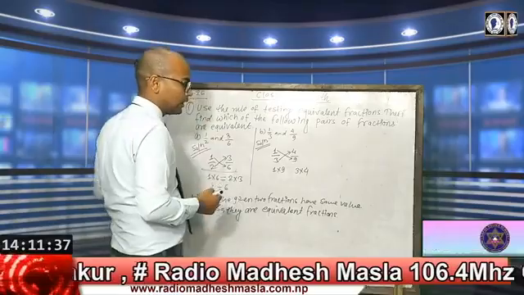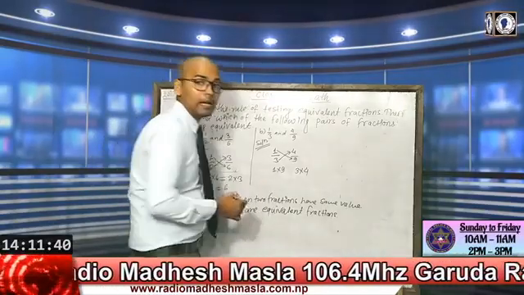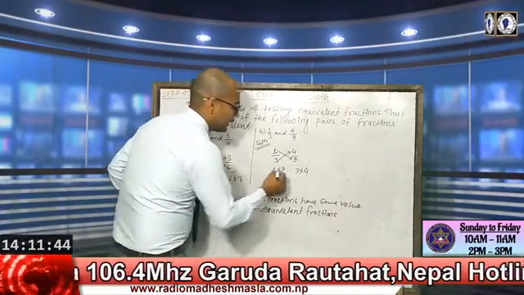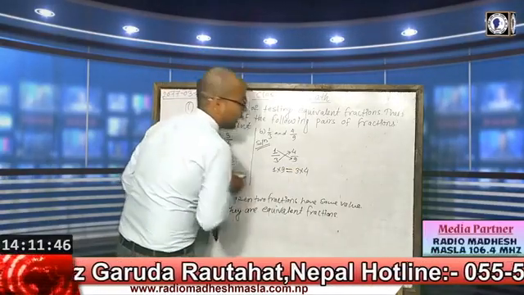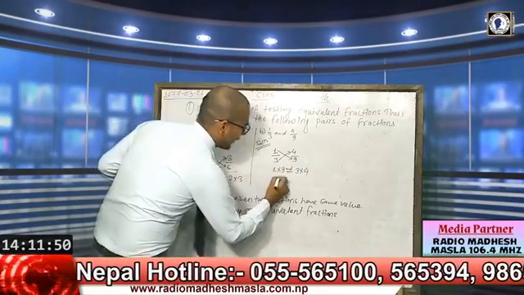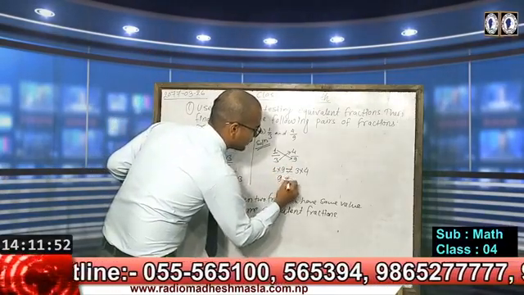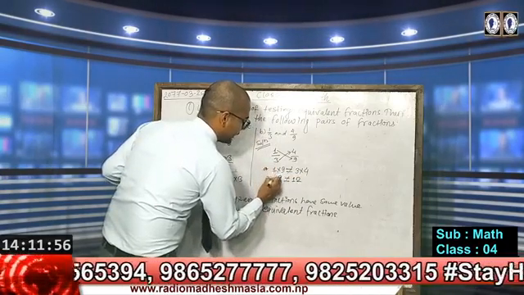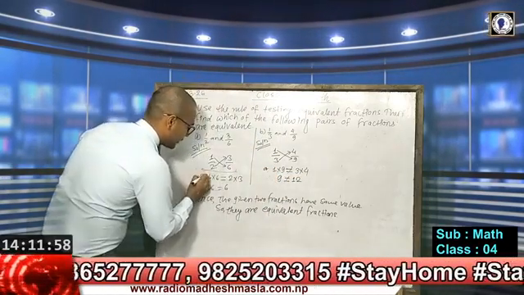Are they equal? No, they are not equal. So we give a not-equal sign, crossing out the equal sign. 9 is not equal to 12.